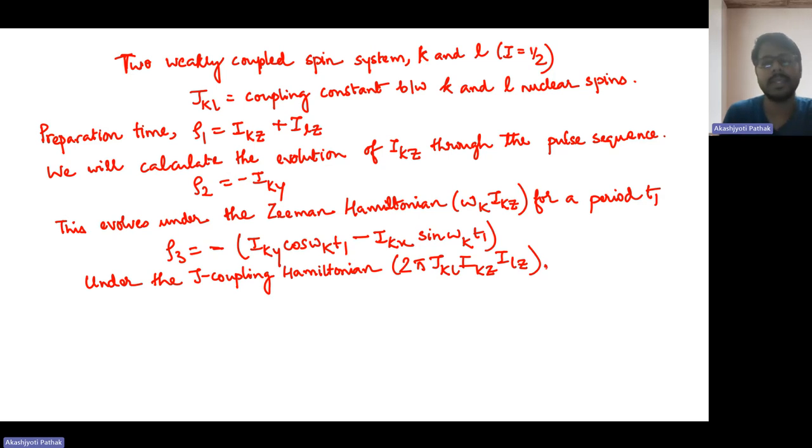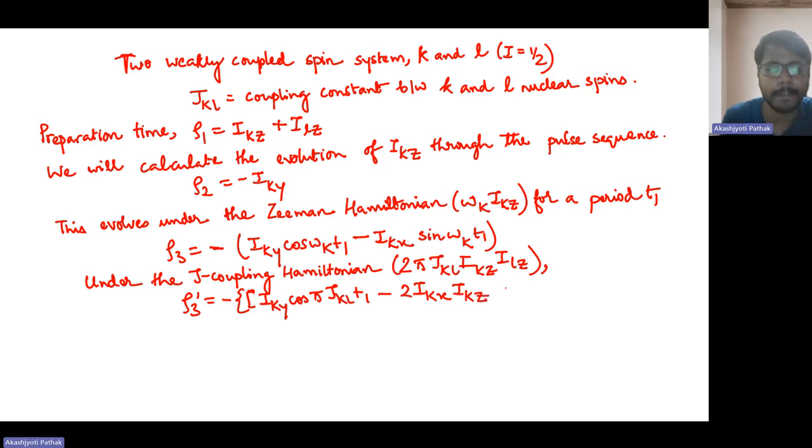Then the density operator rho 3, this is rho 3 dash. This density operator rho 3 dash will give you a big equation. It will give you I ky cos pi jkl t1 minus 2 ikx ilz.